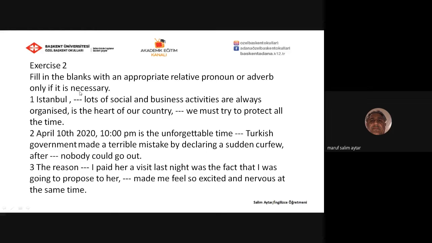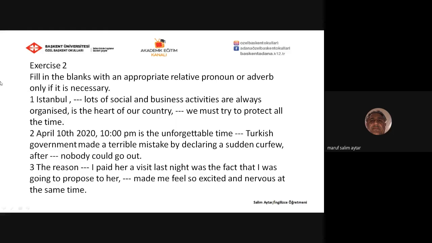So you have to use a relative pronoun or adverb here. Istanbul, blah, blah, lots of social and business activities are always organized, is the heart of our country. See? Does this refer to the whole sentence here? Just check it, and then you can answer it.